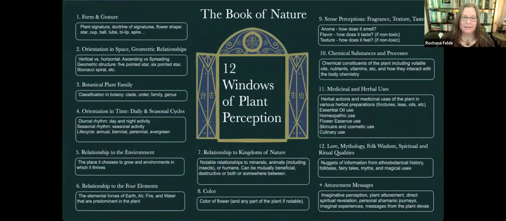In the training, in the lessons, we've looked at all of the 12 windows of plant perception, but using different plants as examples for those windows. Looking at one plant and how it flows through all of those windows is a really good way to integrate all of that information and to really see the holistic view of one plant. So it's something that I love to do.